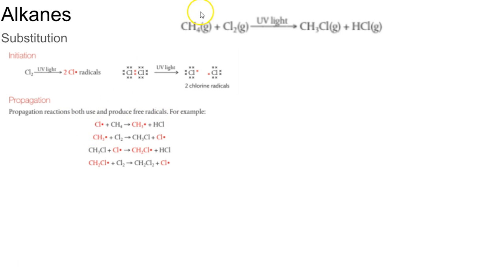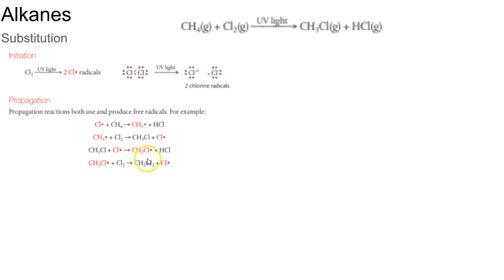The chlorine radical may attack the CH4 to make CH3 radical plus HCl. And maybe that CH3 radical would attack the chlorine to make CH3Cl, reproducing the chlorine radical. We can't control these reactions in the test tube. They're going to react with whatever is in the test tube. So that chlorine radical could go back and react with that CH3Cl to make CH2Cl radical.